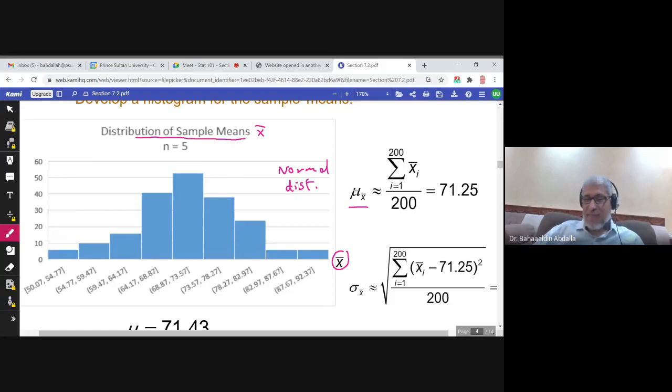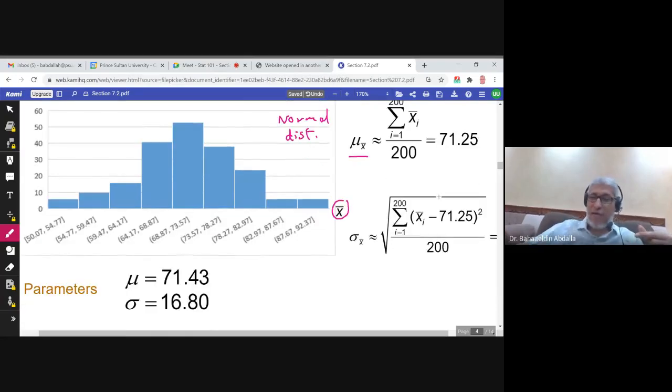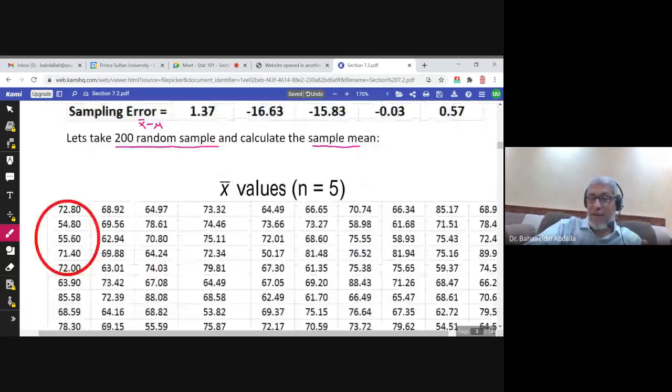This is the mean of the distribution of the sample means. You can add all the 200 means and divide by 200, you get 71.25. Look at this number and this number. They are very close. And we have only 200 samples out of, as we have seen, 6 million.